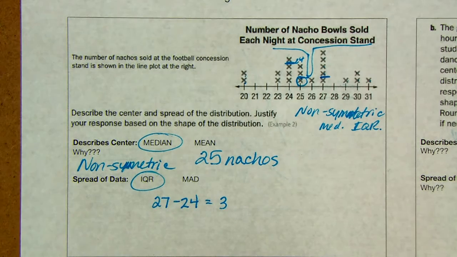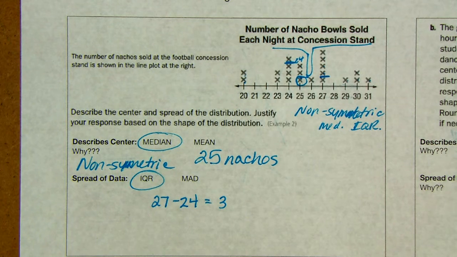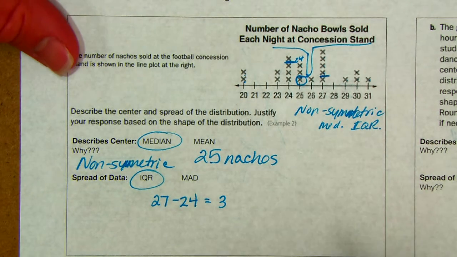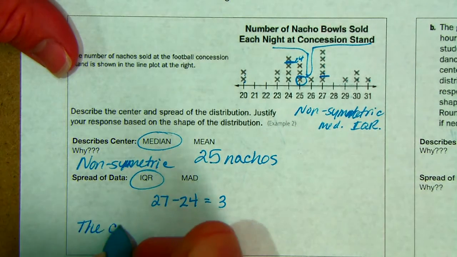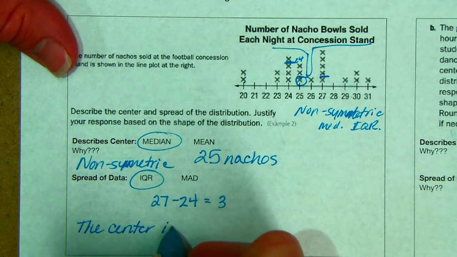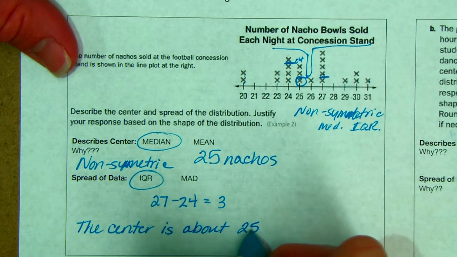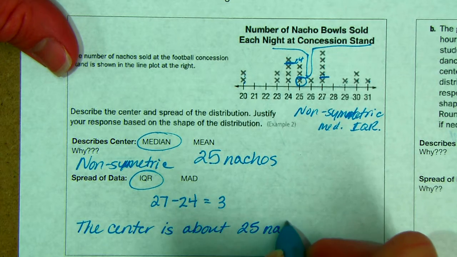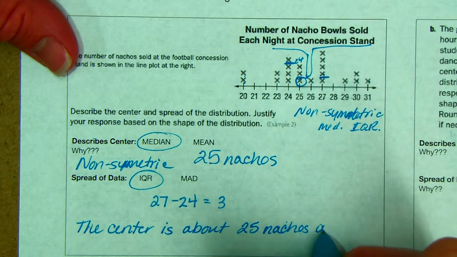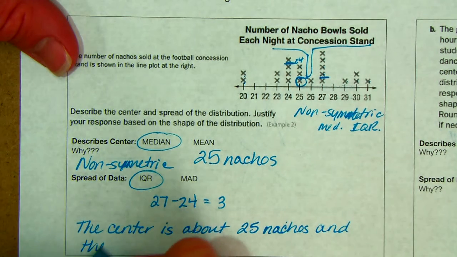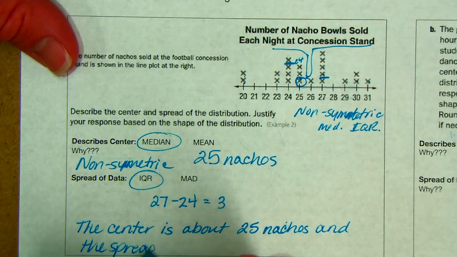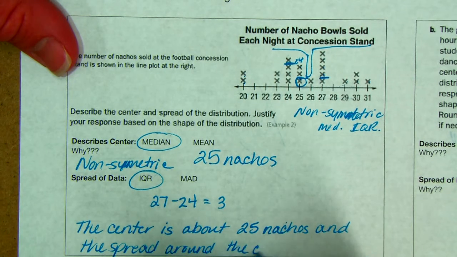So the center is about 25 nachos, and the spread around the center is about 3 nachos.